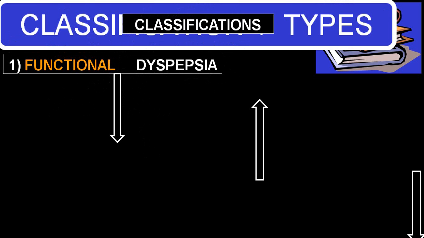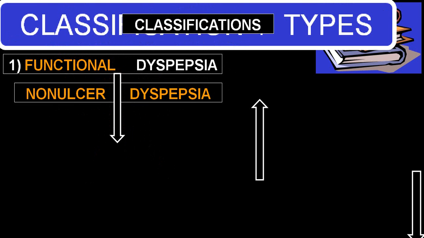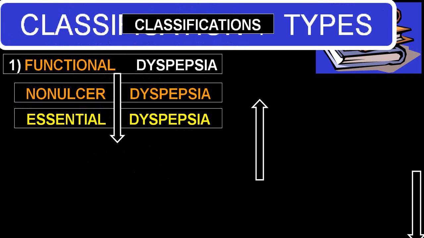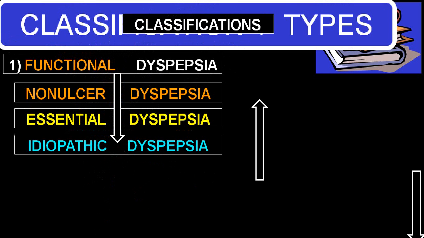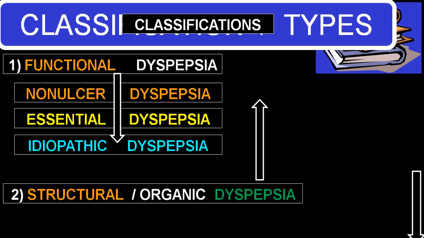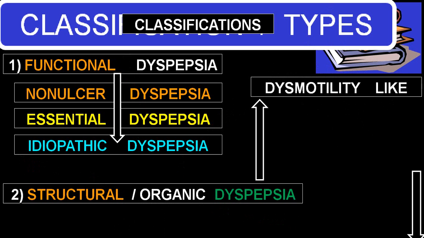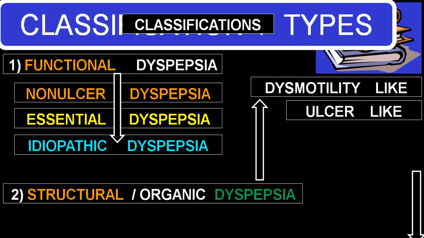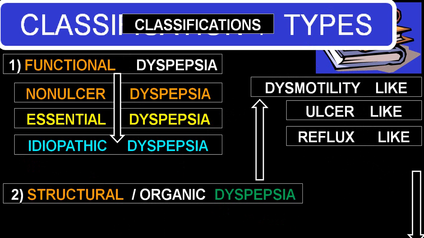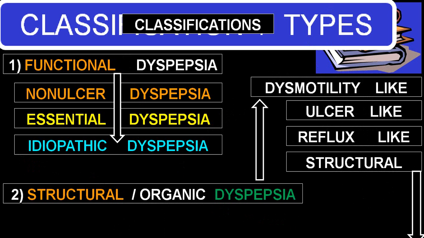So we can classify dyspepsia into two big groups, functional dyspepsia and organic dyspepsia. Functional is also called non-ulcer dyspepsia, or essential dyspepsia or idiopathic dyspepsia. While structural or organic dyspepsia includes dysmotility-like syndrome, ulcer-like, reflux-like, or structural.